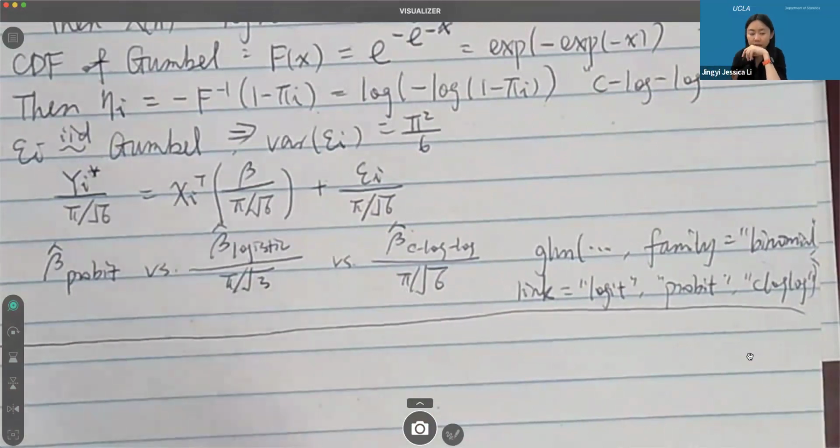One is the goodness of fit test, where we aim to study how well the GLM fits the data compared to the saturated model, which gives every y i its own mu i hat, just y i equal to mu i hat.